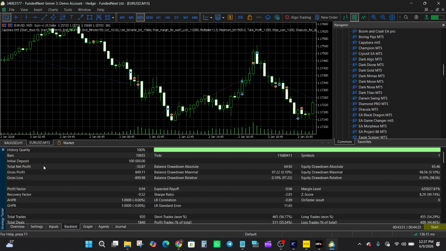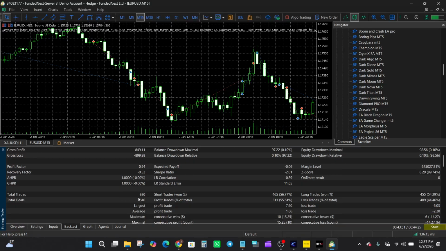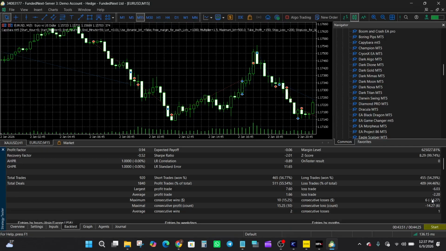So from an initial deposit of $100,000, we can see that the total net profit was negative 50.87. 920 trades were taken. Short trades were 465 with a 56.77% win rate. Long trades were 455 with a 54.29% win rate.